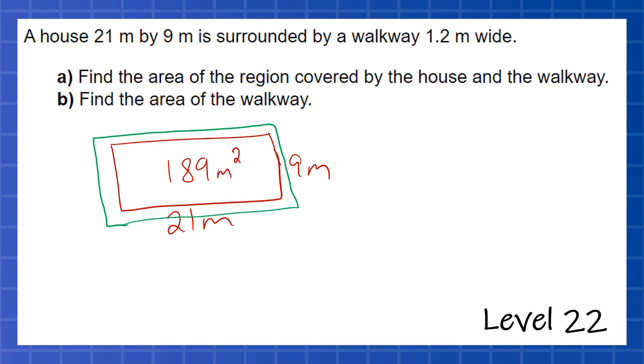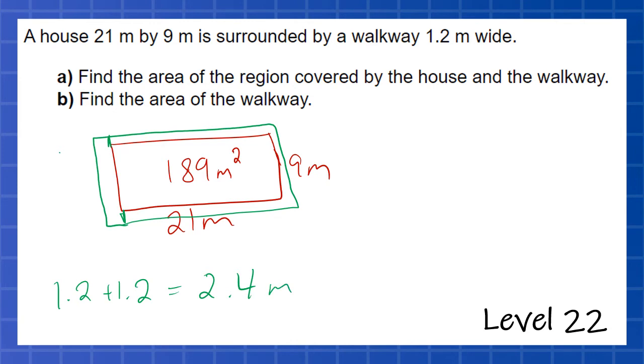So the question is, how big is that bigger rectangle right now? So if the walkway is only 1.2 wide, but we notice it's 1.2 wide on both sides, 1.2 plus 1.2, that's 2.4. So it's 2.4 meters that is adding to each of our dimensions.